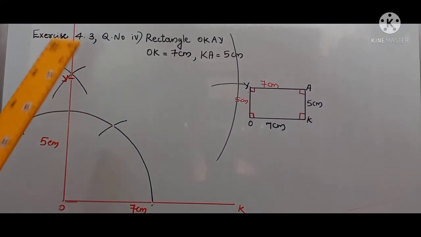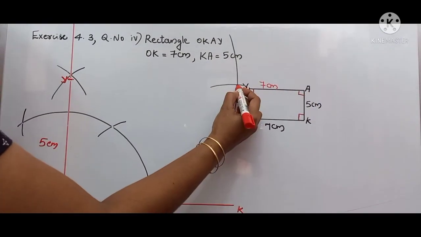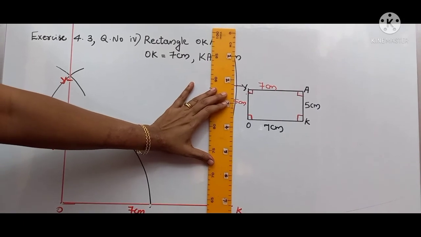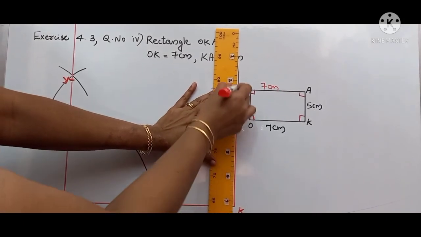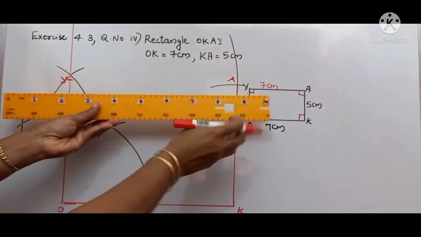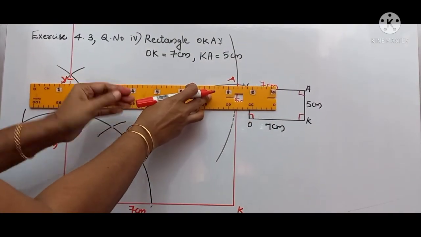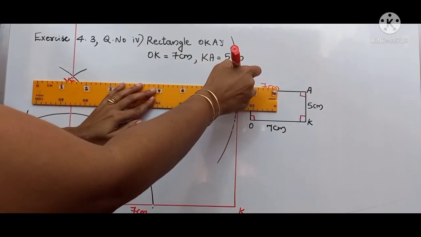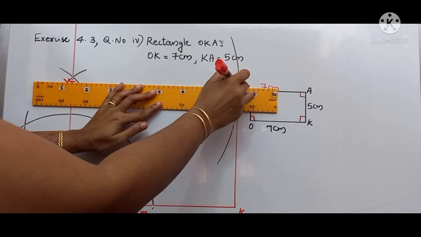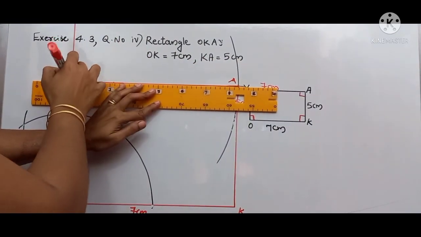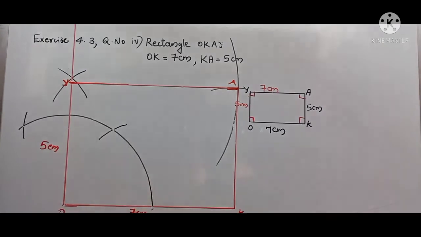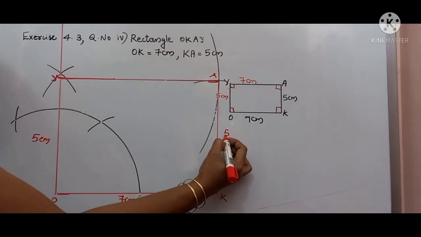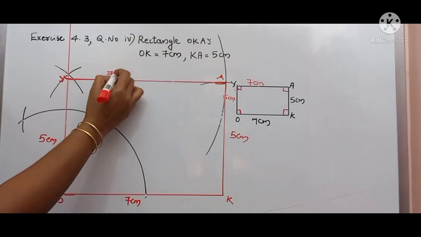Then join this. This is our point A. Now we can join KA and AY. We have completed the quadrilateral OKAY, and here it is 5 centimeter and here it is 7 centimeter.